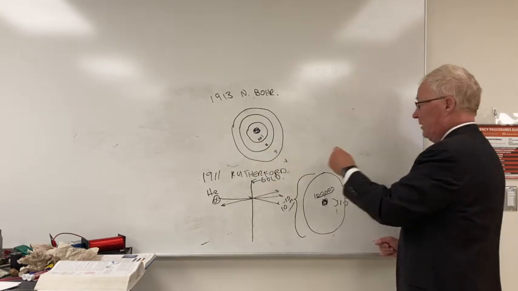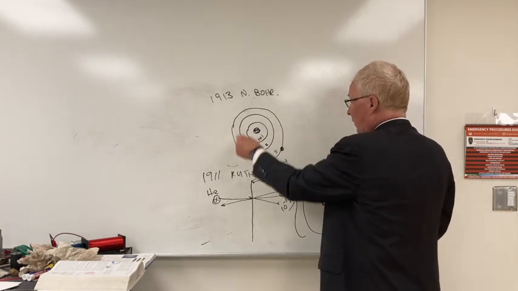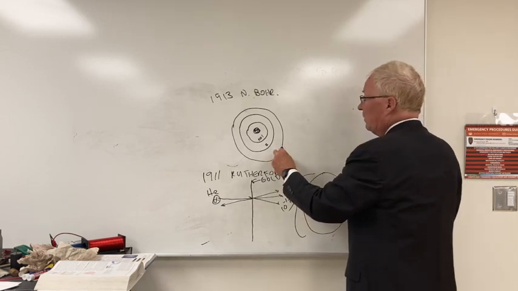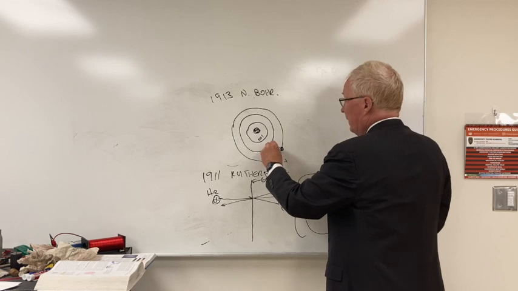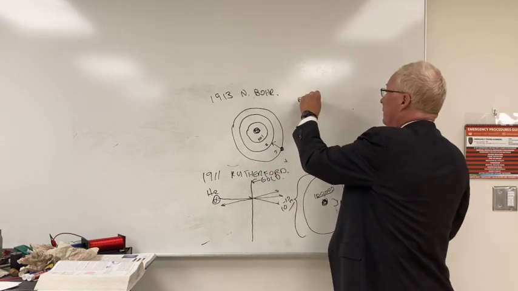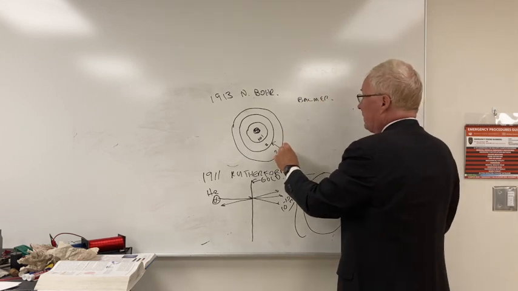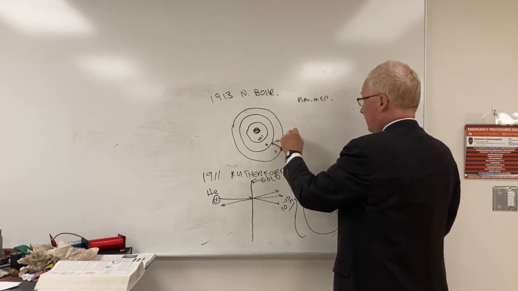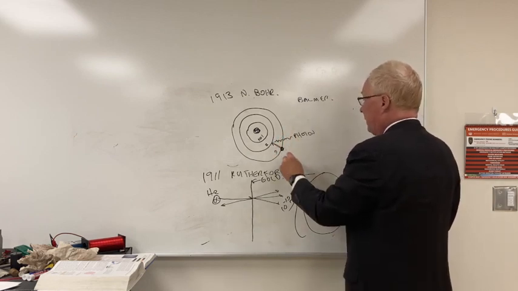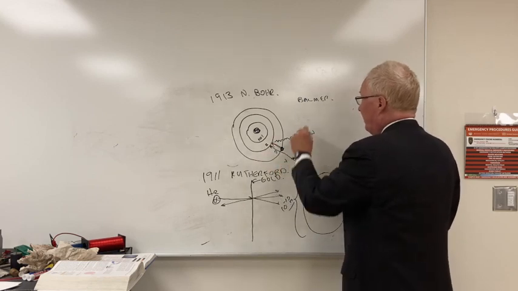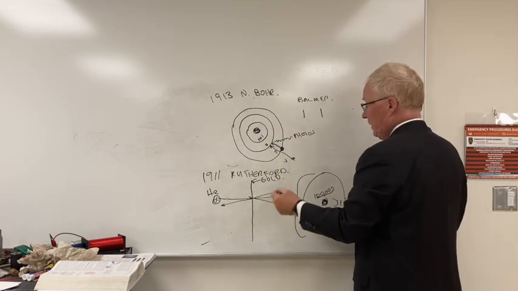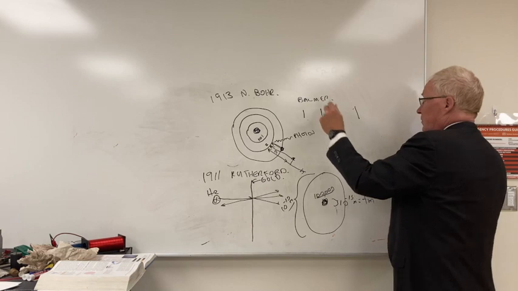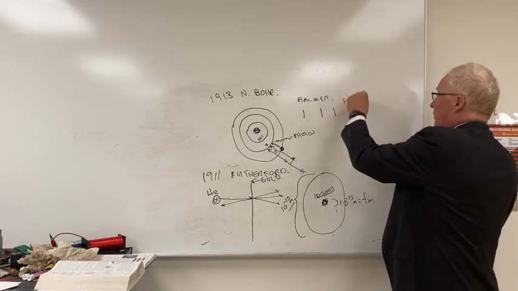The electron would be orbiting somehow. It's not really orbiting like a planet, but it'd be in this higher energy level. And when it dropped down, in the case of the Balmer lines, say 3 to 2, it would emit a photon of light. If it came from 4 to 2, it would emit a different photon. If it came from 5 to 2, it would be more. And this is what made up the hydrogen spectrum.